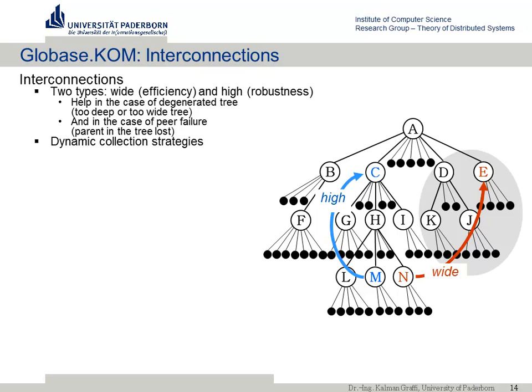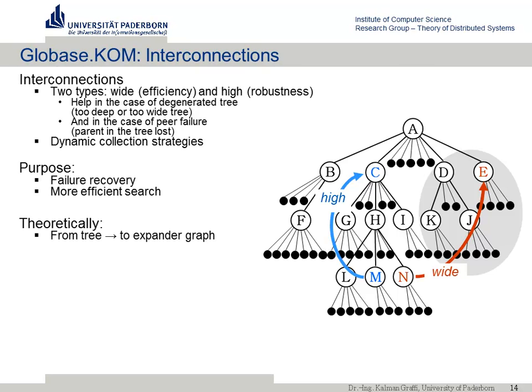You also have these wide interconnections, which range to some areas which are not in your area at all. So if you're located probably in Europe, that could be somewhere in Australia, and the point is that this should support the routing. We will see at the end how routing is maintained, but just keep in mind that by having many links across the world, in the end you will find the positions that you're looking for more quickly.